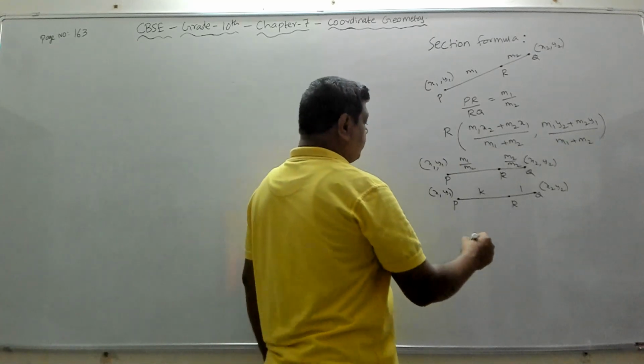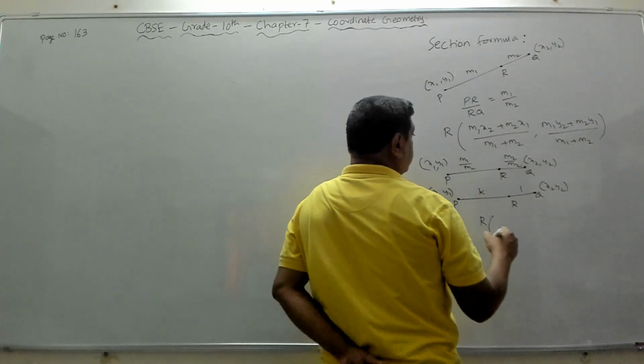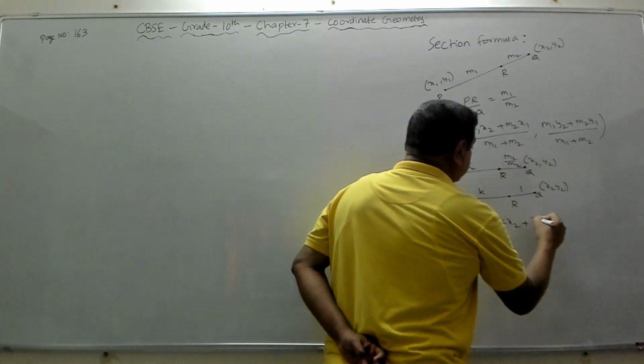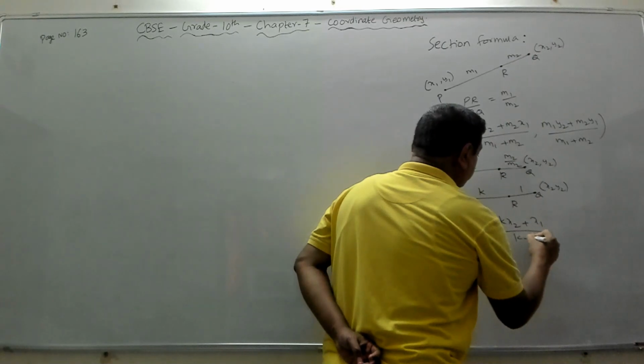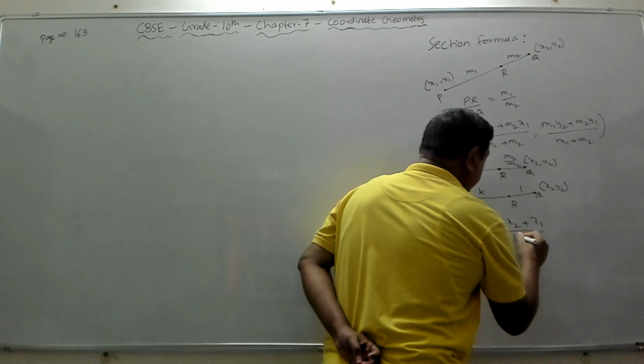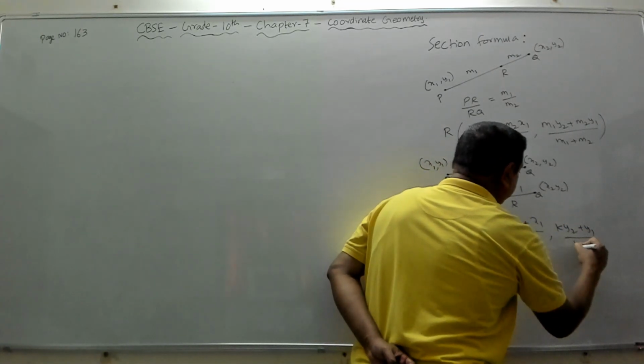Then the coordinate of R is given by k x2 plus x1 by k plus 1, and k y2 plus y1 by k plus 1.